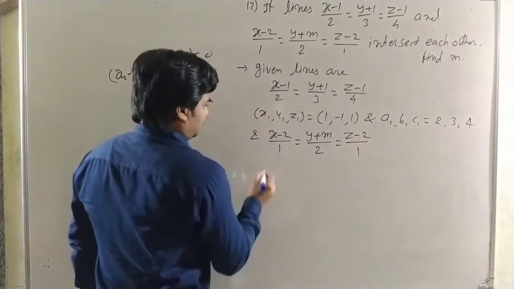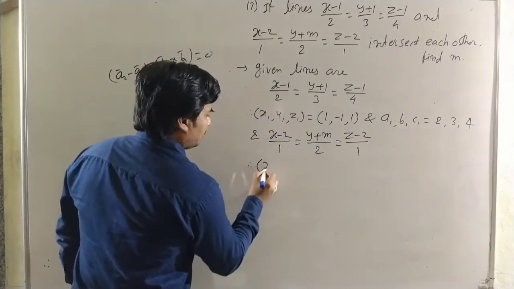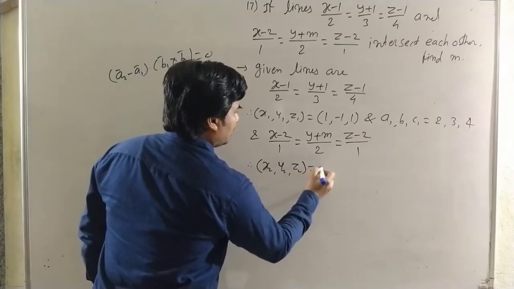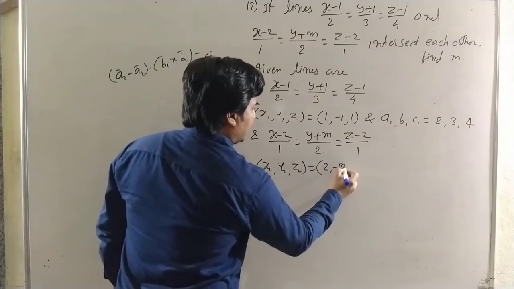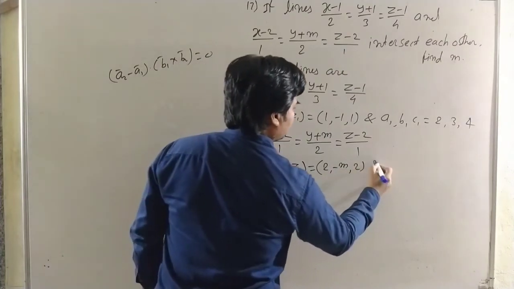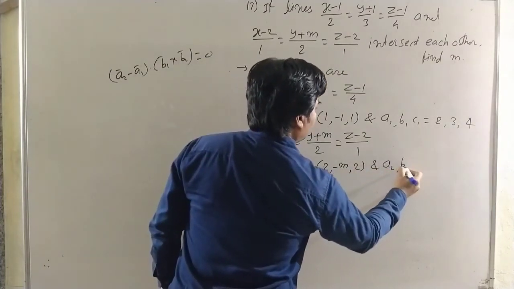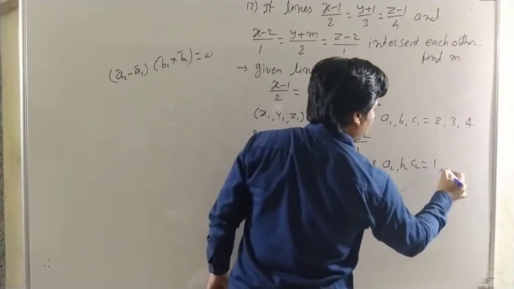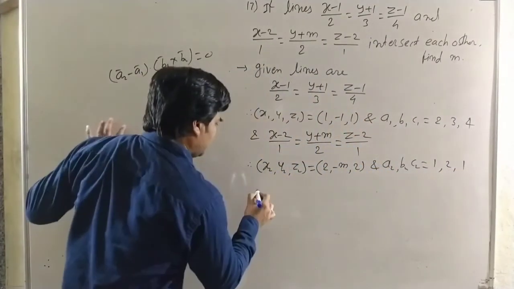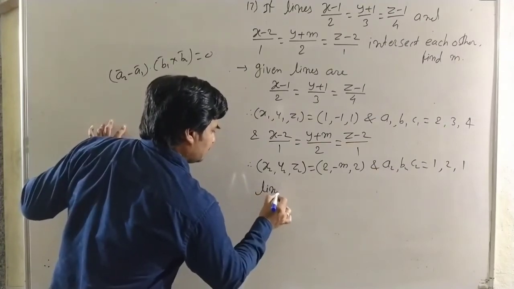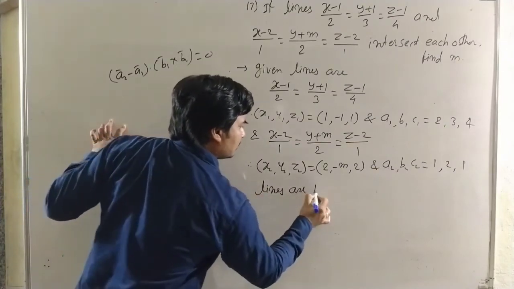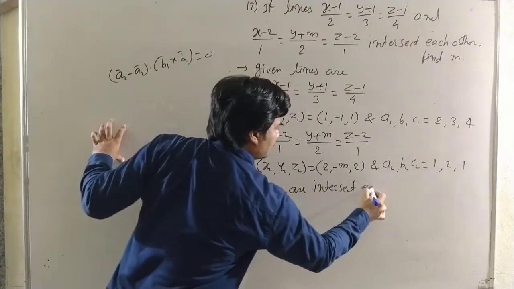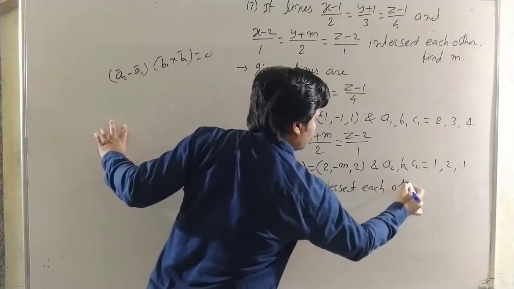Okay, here therefore you can write x2, y2 and z2 are 2, minus m and 2, and a2, b2 and c2 are 1, 2, 1. Here the lines intersect each other.